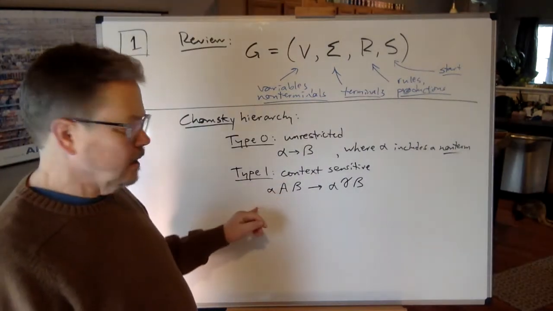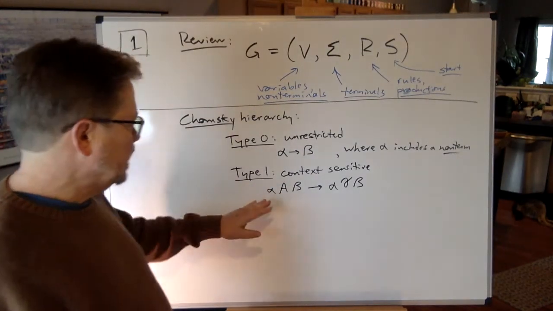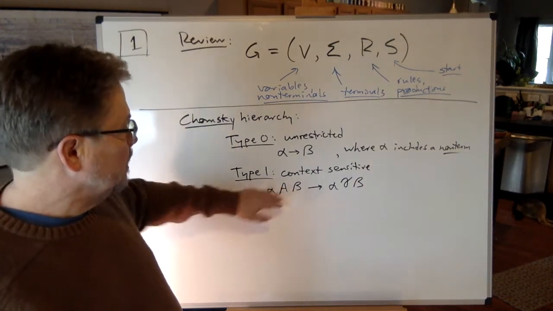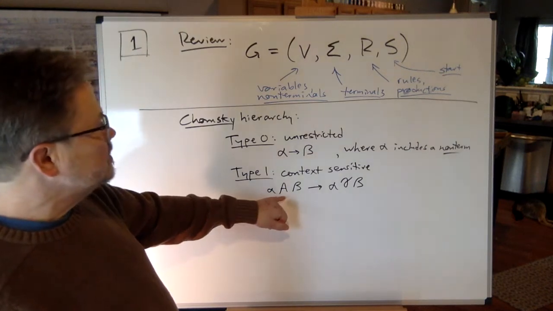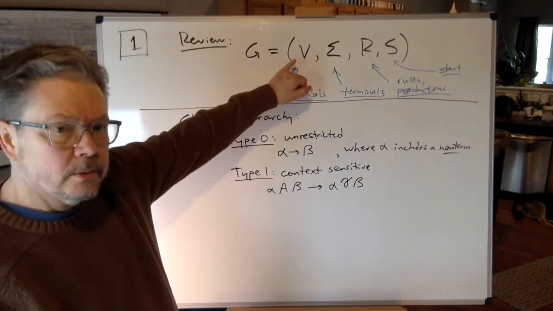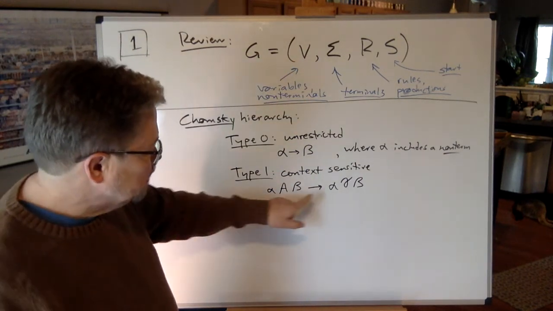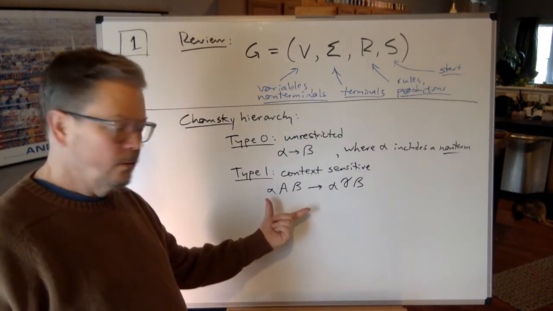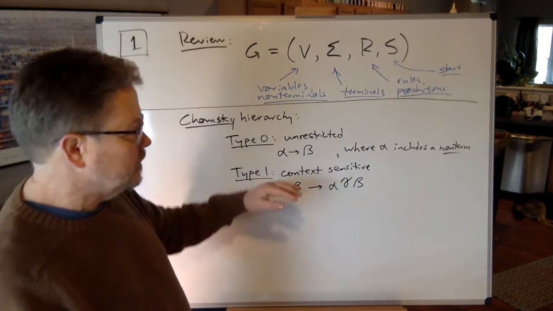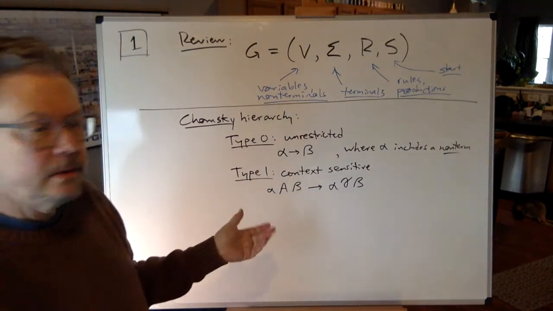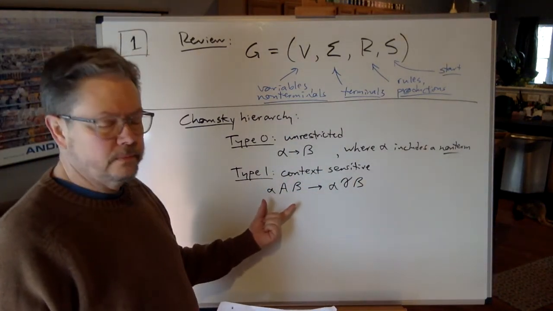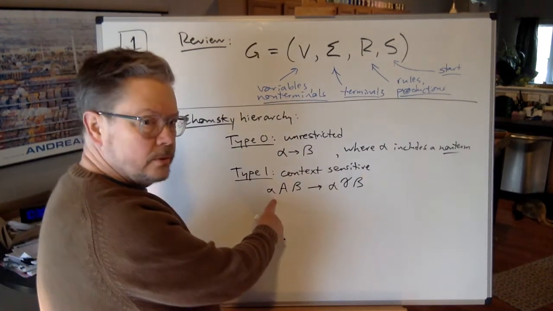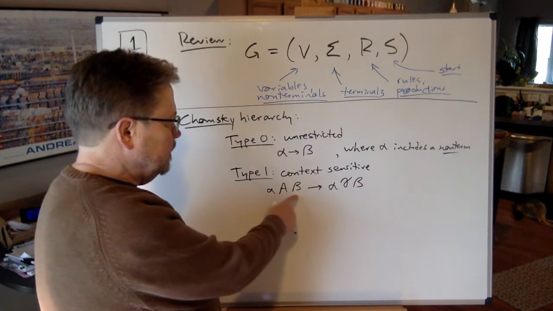What this is trying to tell us, indirectly and rather abstractly, is that A, unlike alpha and beta, is a single variable or non-terminal symbol. A can be replaced by gamma in the context of alpha and beta, where alpha and beta are just any mixture, or even the empty string, of terminal and non-terminal symbols. So alpha and beta are still anything goes, on the left and on the right.